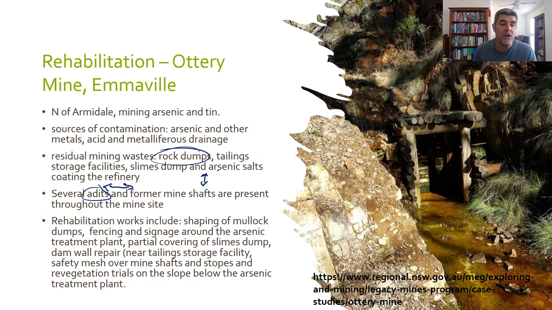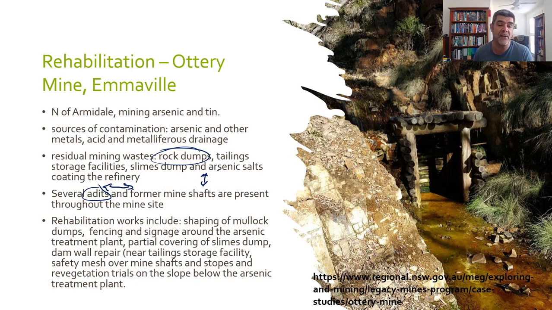Having said that, a lot of work has been done in this area in order to rehabilitate what's been going on. So there was shaping of these waste rock or mullock dumps, and some fencing and signing was put up around the arsenic treatment plant. Obviously, there's still a lot of residual arsenic and arsenic salts in the area. There was some partial covering of the slime dumps. Repairs were done to the dam wall, which was right near the tailings storage facility.